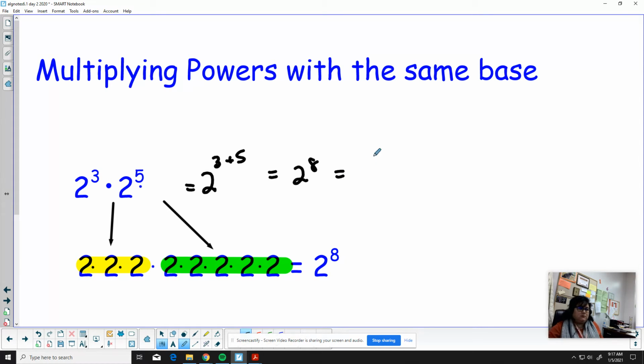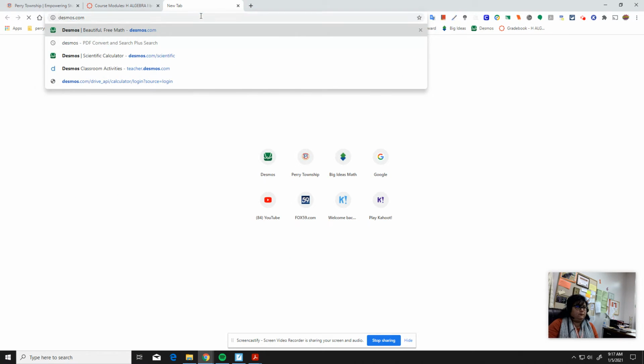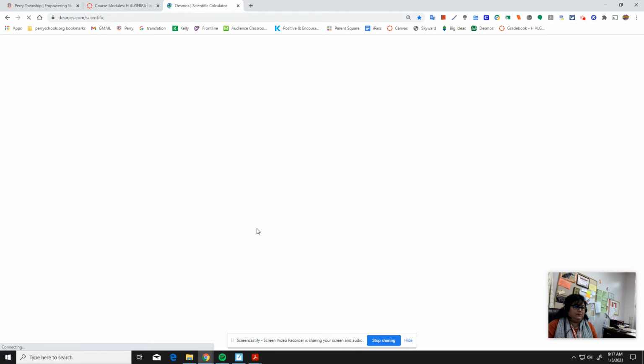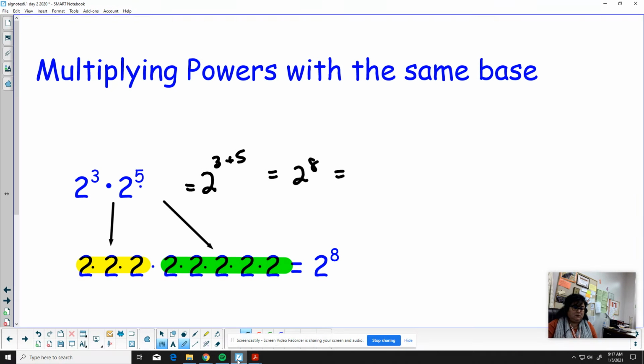Let's use Desmos for 2 to the 8th power because I'm not sure what it is. If we go to Desmos and the calculator, I use this a to the b to get my exponent, and 2 to the 8th power is 256 as my answer.